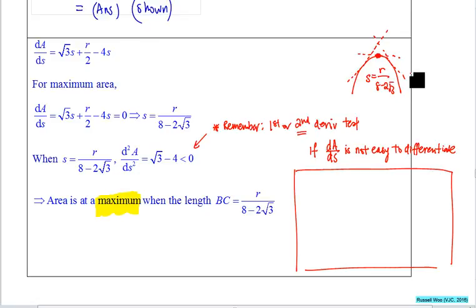That's the approach of a first derivative test. So the presentation goes like this. You want to show the sign of dA/ds. And you know at s equals r over 8 minus 2 root 3, this one is 0. Correct? At s equals to this, you already found it, dA/ds is 0.